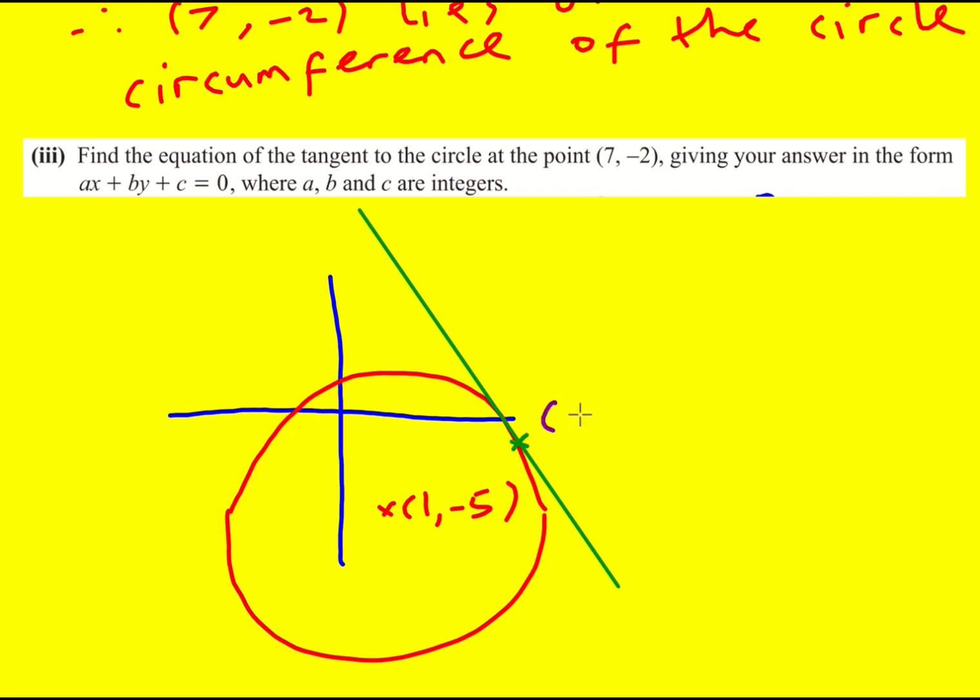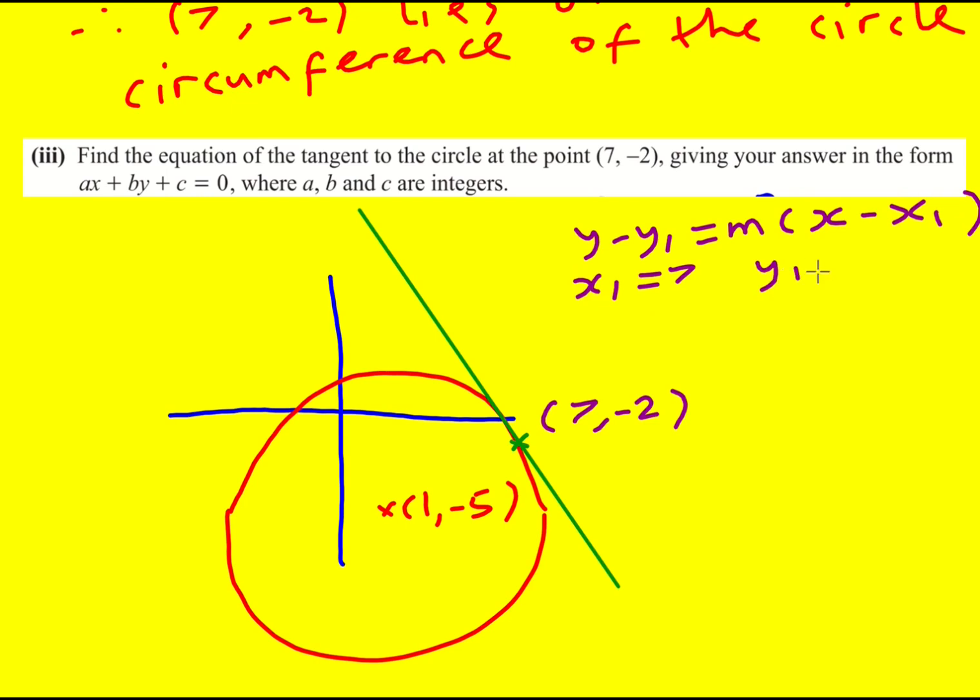And remember, we know that it goes through (7, −2). So I'm going to be using y − y₁ = m(x − x₁), and we have that x₁ is equal to 7 and y₁ is equal to −2. So the one thing we don't have is m.